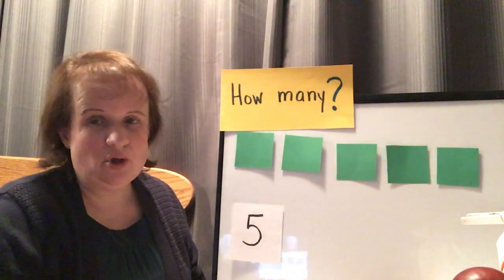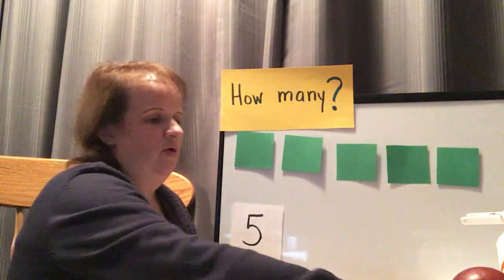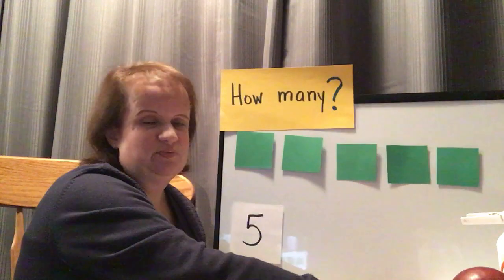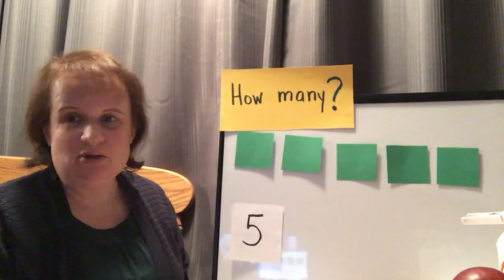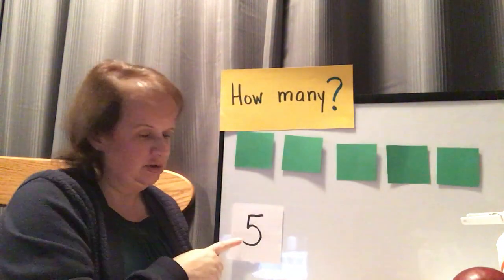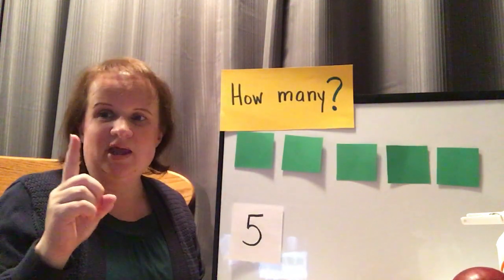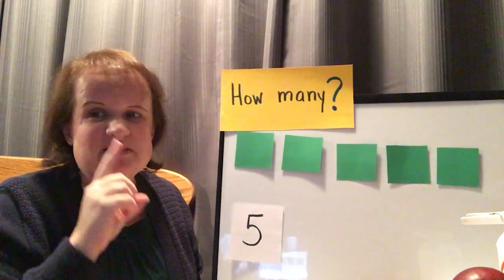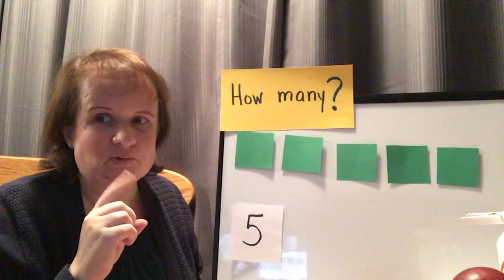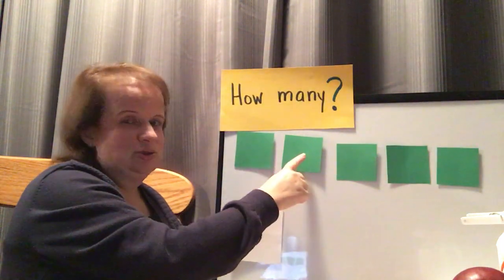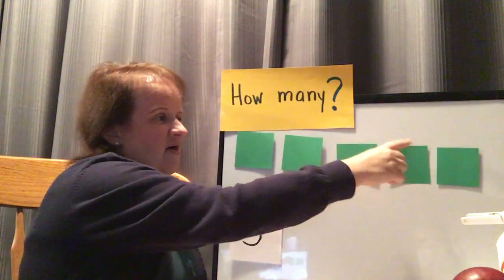So you're going to go get your color tiles or another object like markers, spoons, snacks, or fruit. Lay them out on your table until you have 5. Then you're going to show me how you use your index finger to touch each one and count. Watch me one more time. 1, 2, 3, 4, 5.